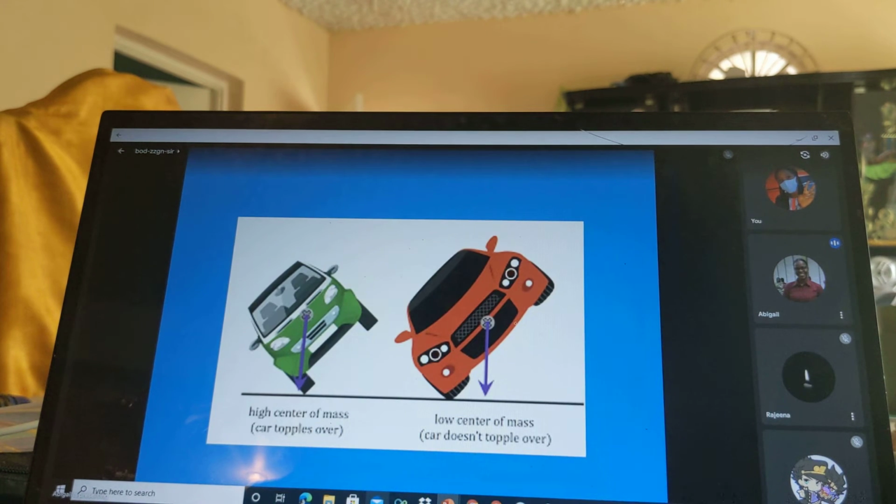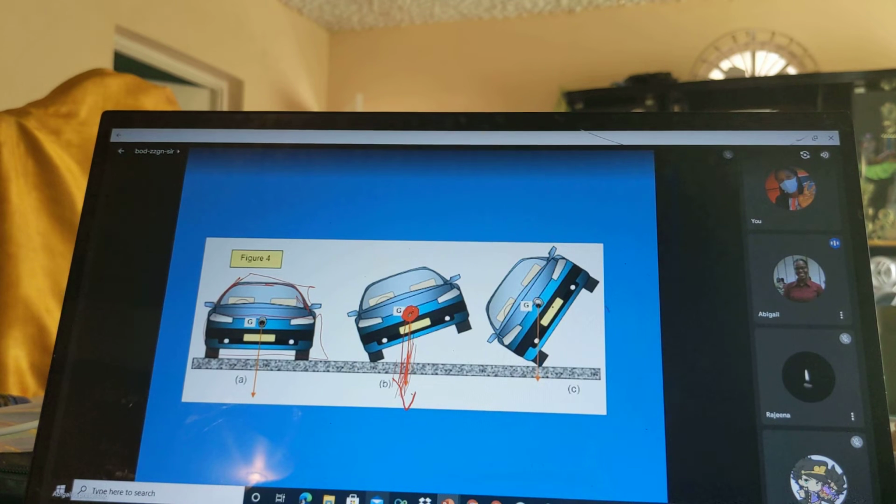Even if it falls on the wheel or if you balance it on the wheel, the car generally will have no moment and will just stay on the side. But it really takes a lot for you to topple over a car. And that's why most cars are designed with a broader base than at the top, so it becomes more stable.